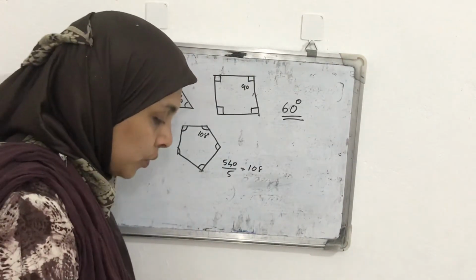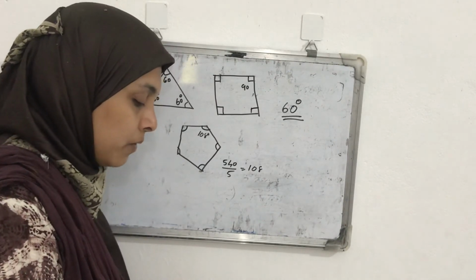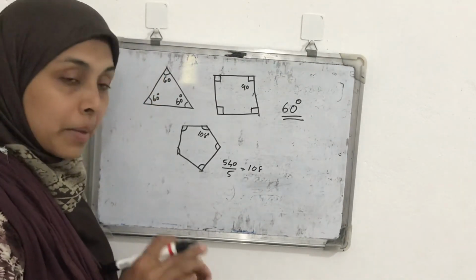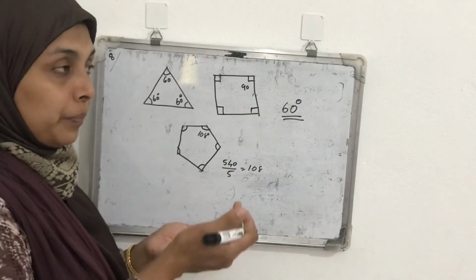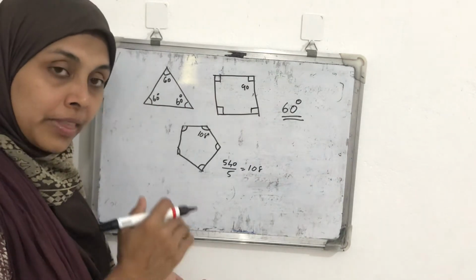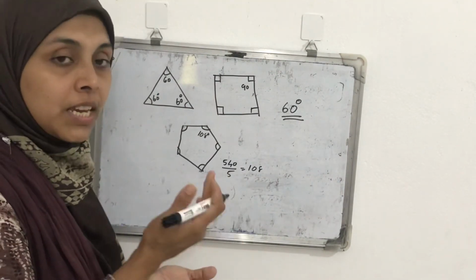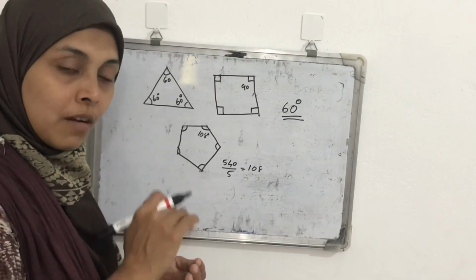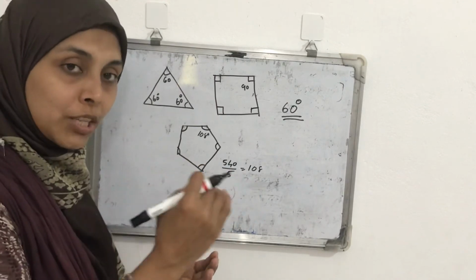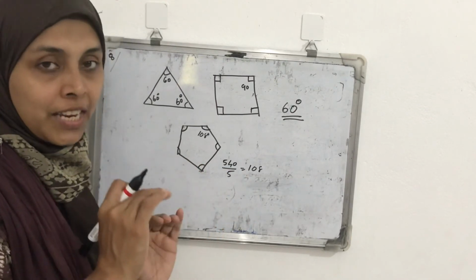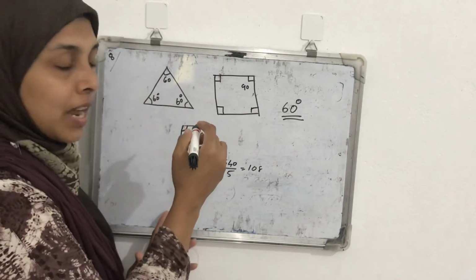Okay. Now question B. What is the maximum exterior angle possible for a regular polygon? If the interior angle is minimum, then in that case the exterior angle will be maximum, because the sum of the two must be 180.